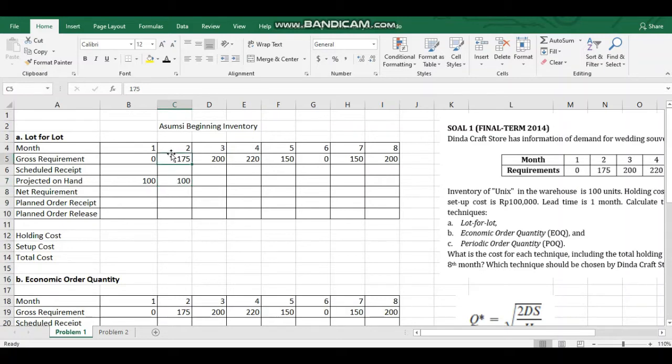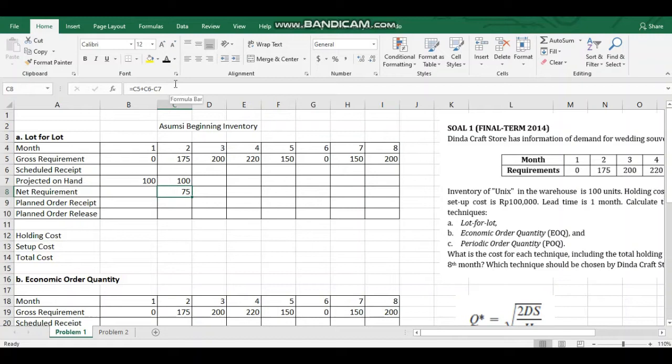And at the second month our requirement is 175 units, while our inventory is only 100. So there is a shortage of 75 units. Okay, so we lack 75 units, and the shortage is the net requirement.